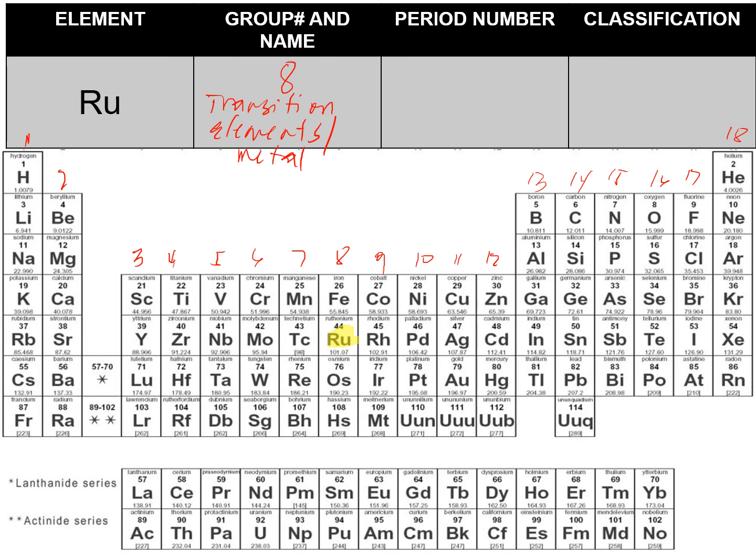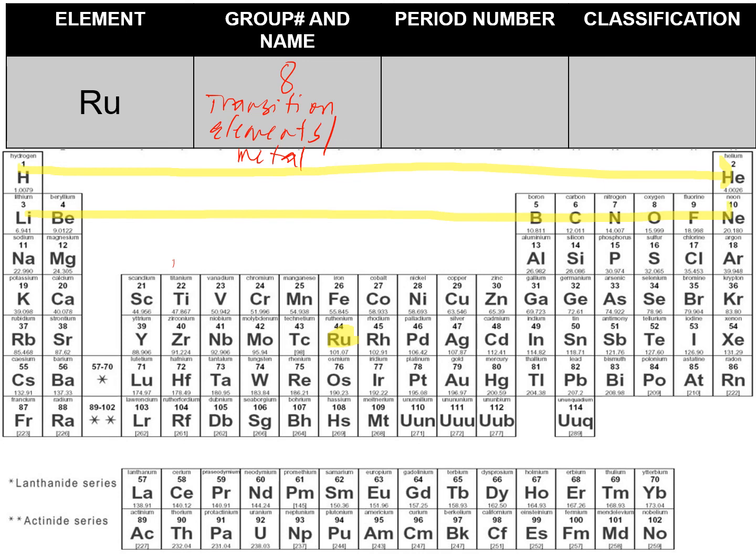Ayan. Transition elements or metal. Period number. So, bilangin natin ano ang period number ni Ru. Ayan. So, 1, 2, 3, 4, 5. Ayan. So, ang period number niya ay 5.